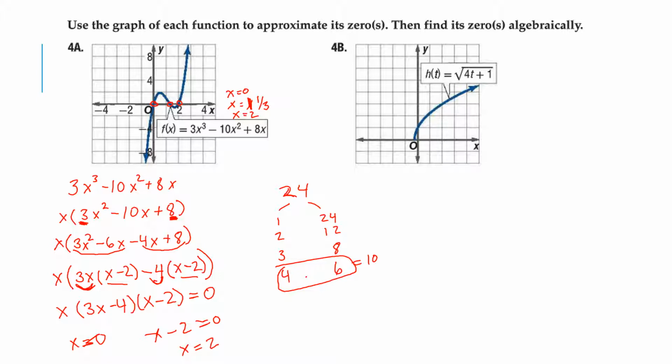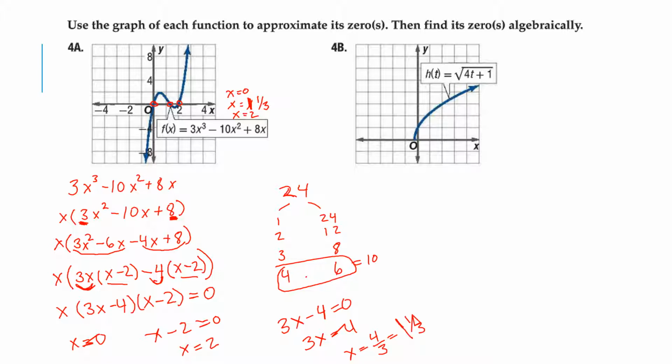And 3x minus 4 equals 0. That means 3x equals 4. That means x equals 4/3, which is 1 and 1/3.